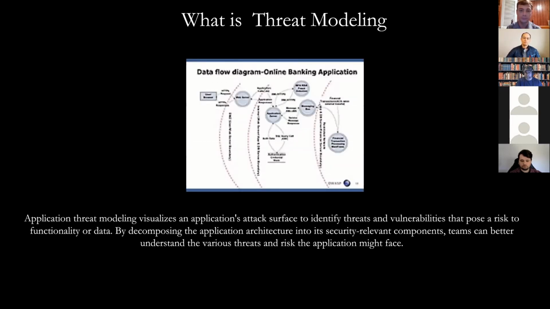So this is a sample application. The visual is not very clear, but if you can see the red dotted lines, these red dotted lines represent trust boundaries. So this is a public trust boundary. Let's say you have your sensitive data in this database.